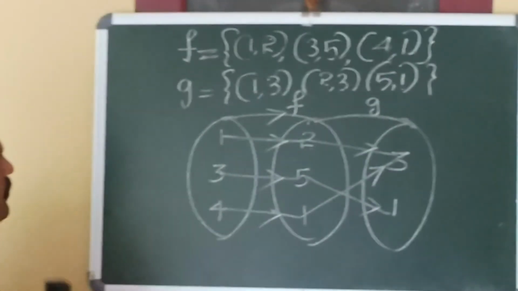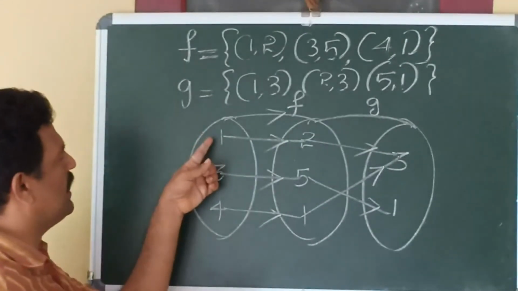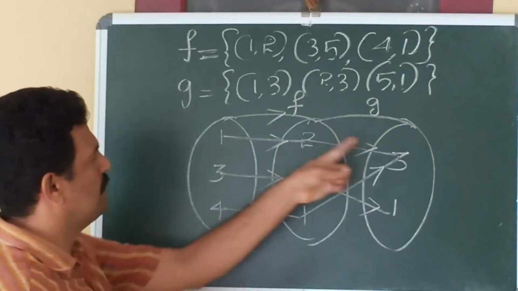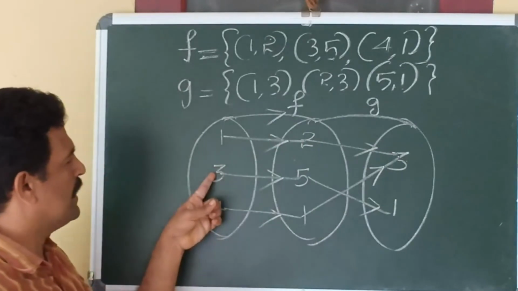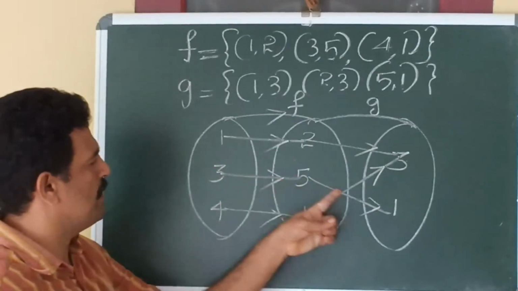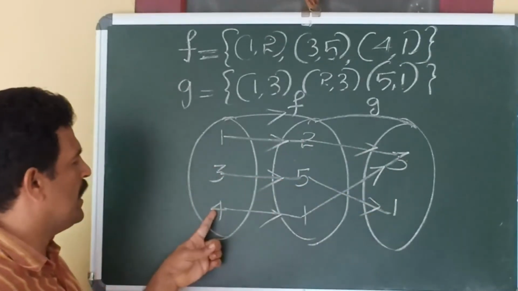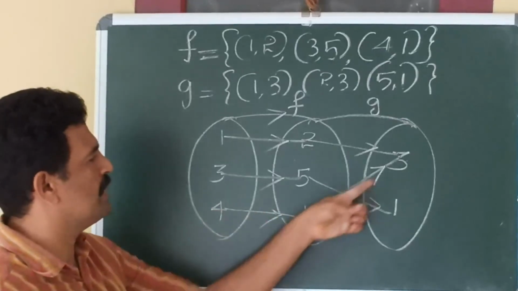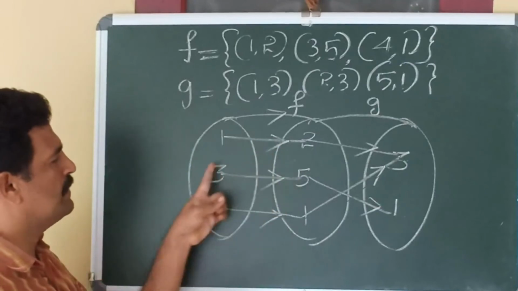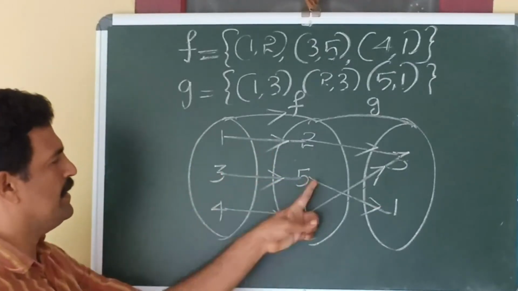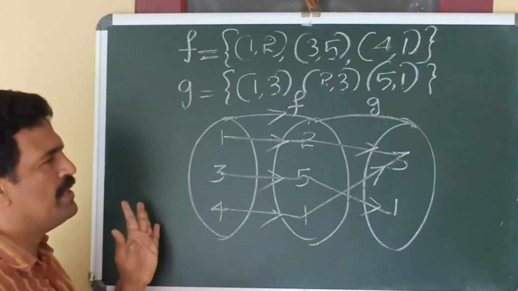Now, if you want to write g dot f, the first element is 1, 1, 3. Second element is 3, 1. Third element is 4, 3. Therefore, the answer is (1, 3), (3, 1), (4, 3). That is same as the previous answer.